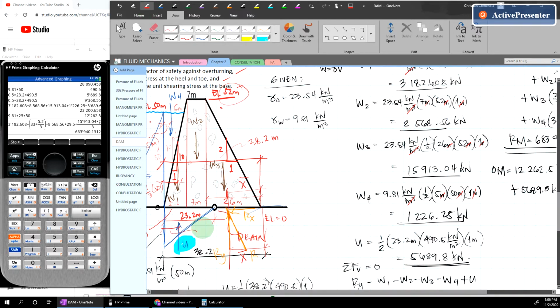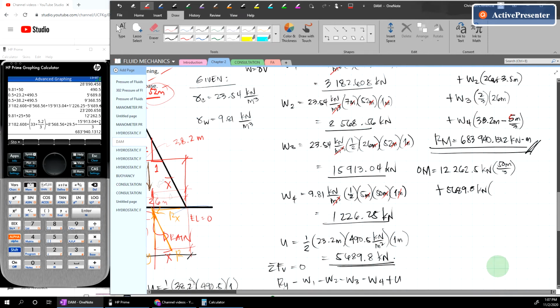So itong portion na to is 1/3 ng 23.2. Okay? So yung base ng dam natin na 38.2 meters minus ng 1/3 ng 23.2 or 23.2 meters over 3.